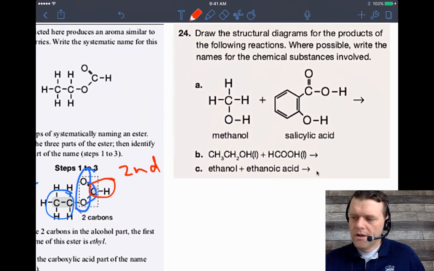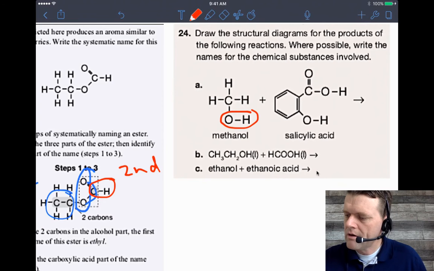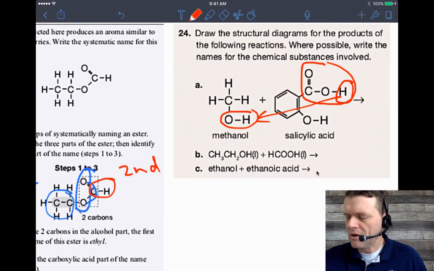So here, all we need to see is this is the alcohol for number 1. It's got the OH group right there, and the carboxylic acid has the group here that's going to react. Basically, this hydrogen right here is going to combine with those, and then what's remaining will stick there.